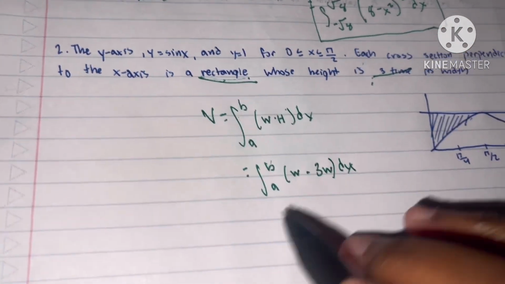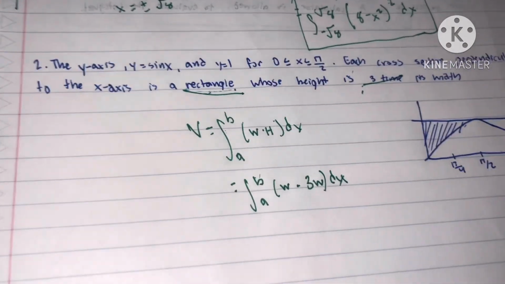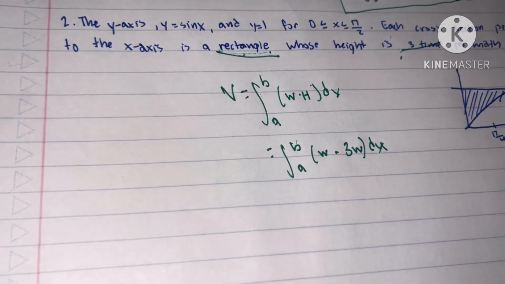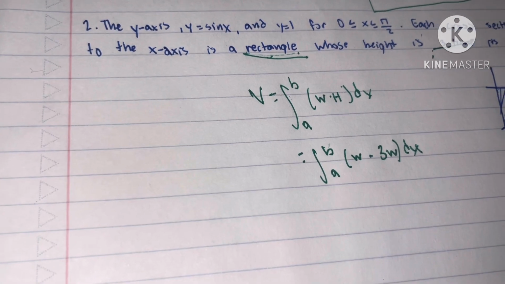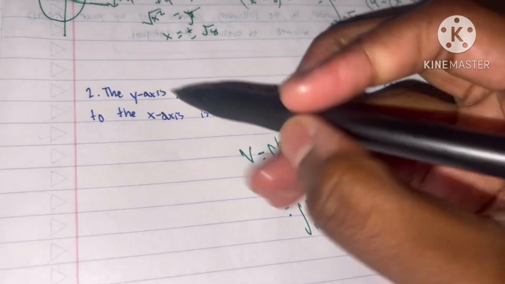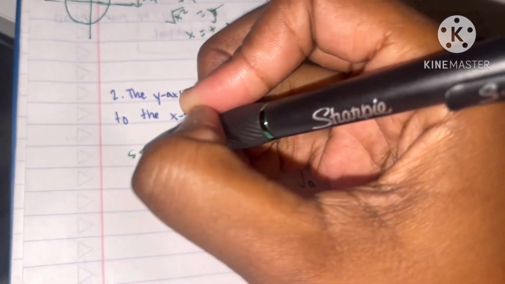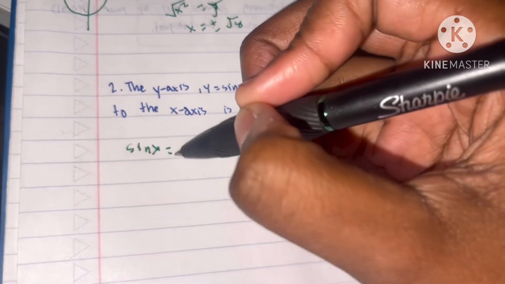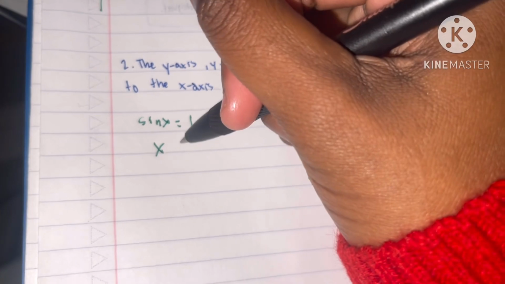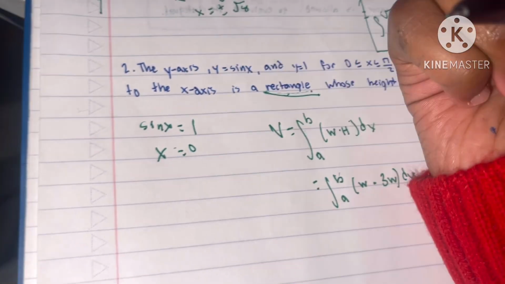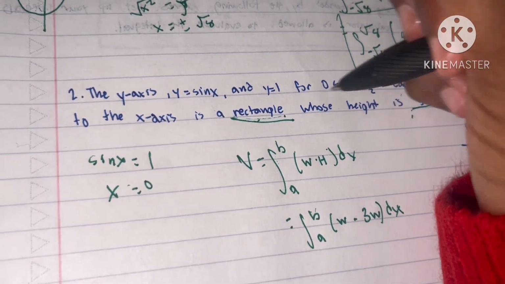So it can help me set up my problem more. And since it gives you these equations, your functions, you can set those equal to each other and then solve for x. So your x will end up being 0, and well, it gives it to you.